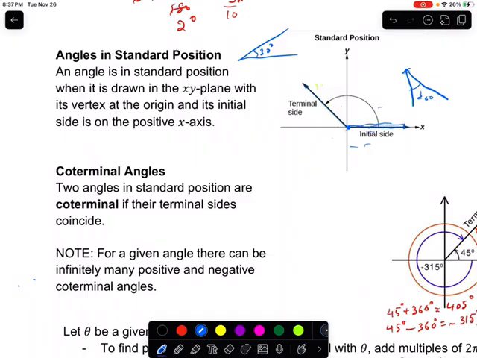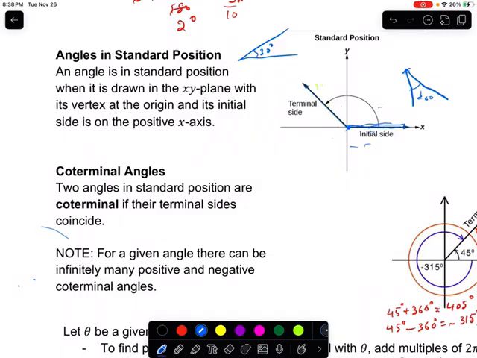The terminal ray can be anywhere in the first, second, third or fourth quadrant, or it could be on the axis. So when the angle has the vertex at the origin and the initial ray on the x-axis, we say the angle is in standard position.